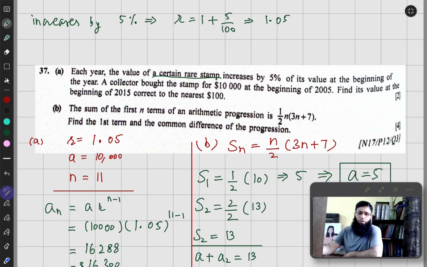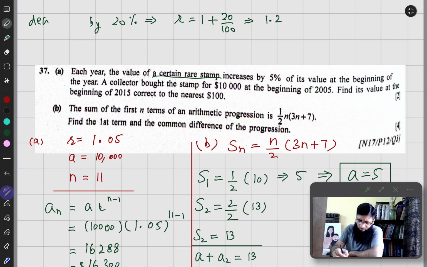Similarly, if it is given in the statement that the value increases by 20%, it means that R will be equal to 1.2. And sometimes you will have a decrease in the geometric sequence.